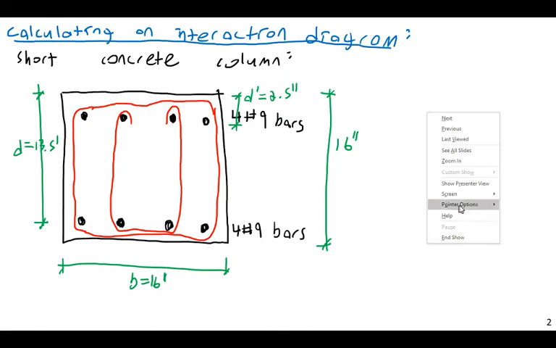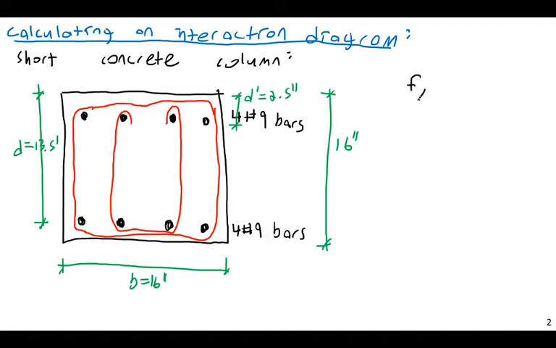Well, it would be nice to know the material properties. And the relevant material properties are going to be Fy and F prime C. Fy is going to be 60 KSI, and F prime C is going to be 5,000 PSI.